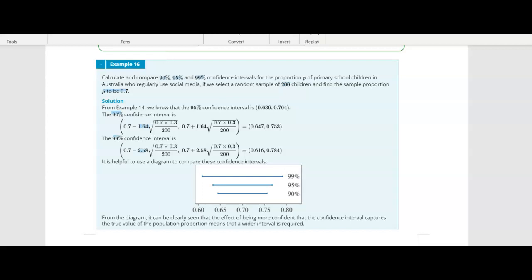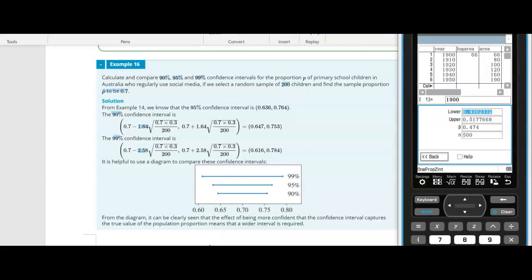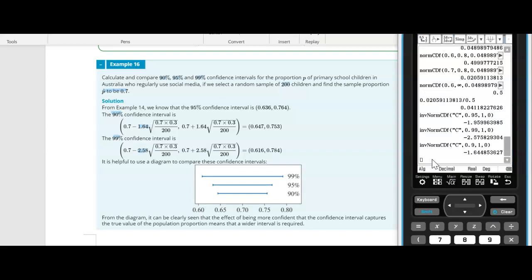So on your calculator, you can type this in. Now, you can see here, it's not asking for p hat, it's asking for x. So if you wanted to use something like this, you can calculate x by doing 0.7 times 200.